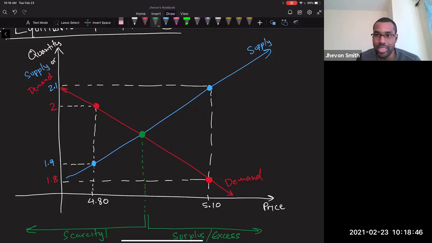Neither person wants either of these situations, because on one hand, in scarcity, the people producing the product could be making more money than they're currently making. Why not make more? Whereas in excess, the suppliers are like, we're making all these products and no one's buying them, so we essentially wasted our money, right?